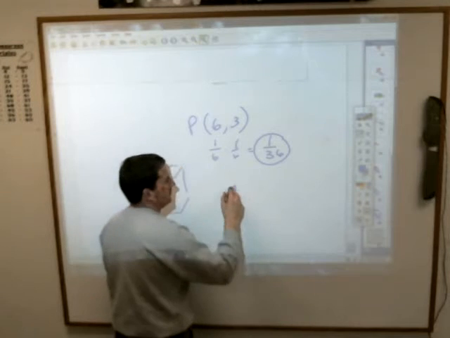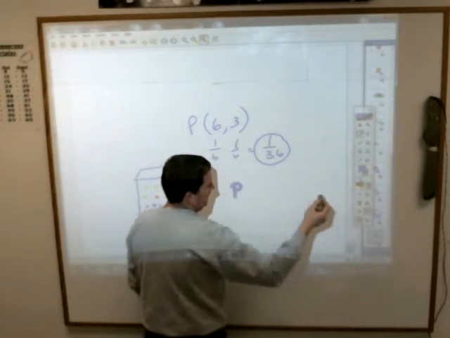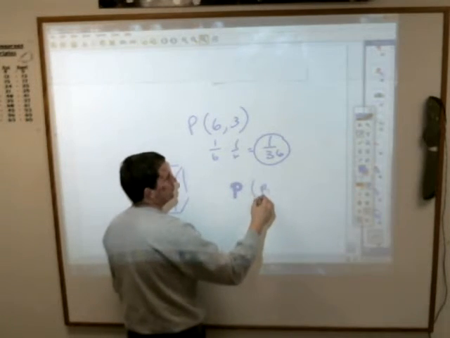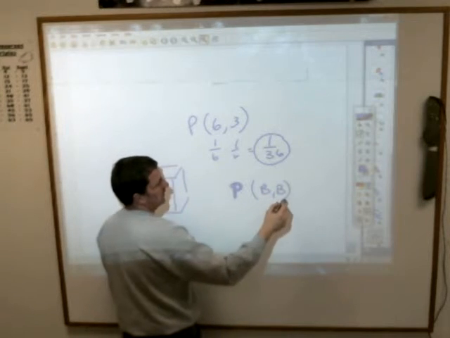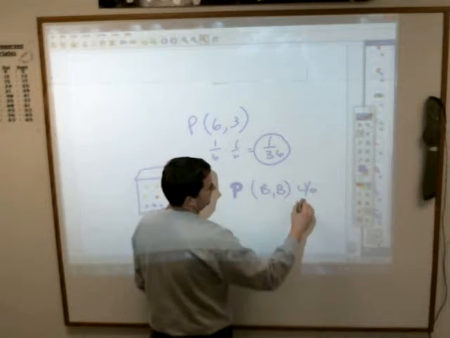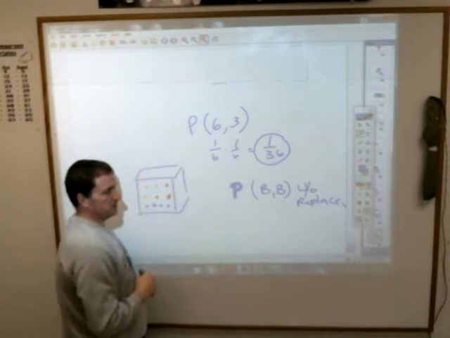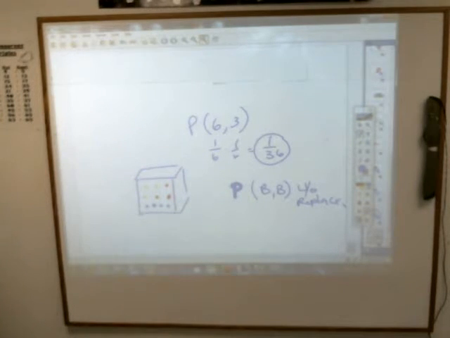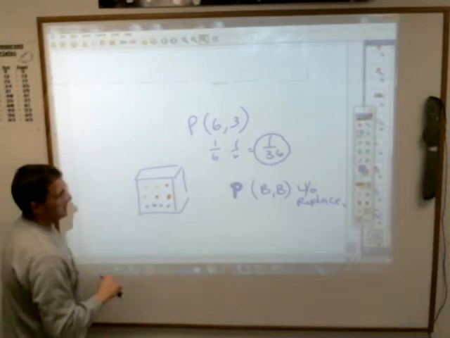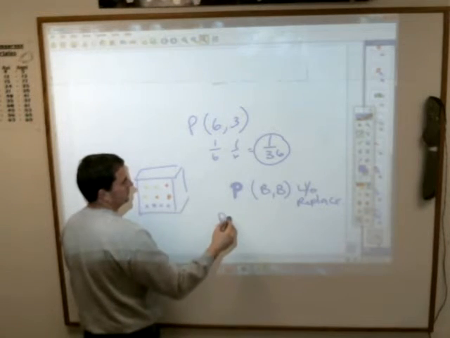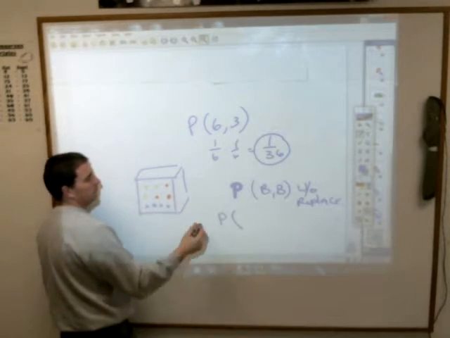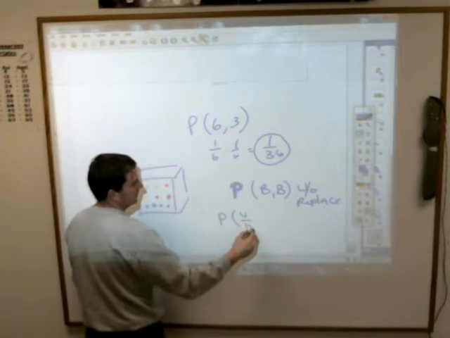If I asked you the probability of picking 2 blues, and they'll say without replacement. If it says without replacement, that means it's going to be dependent. The probability of picking the first blue is what? 4 out of 10, right?